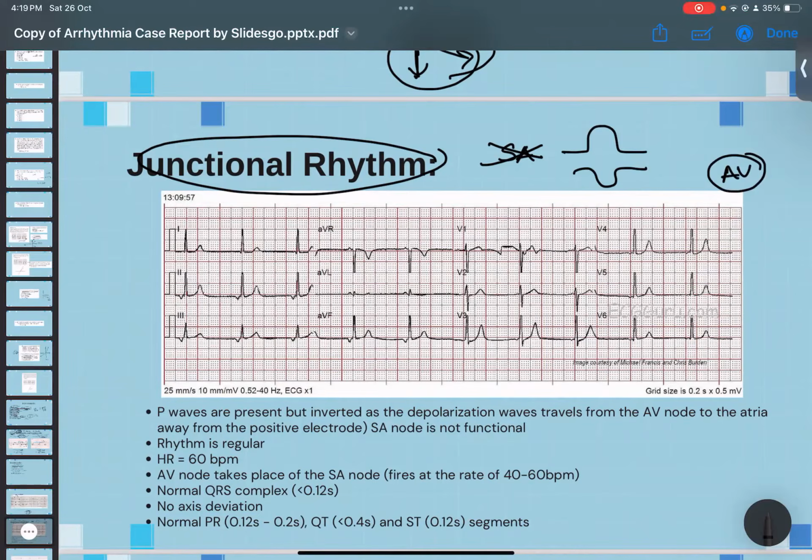When the AV node is generating the heart rate, it's going to send signals down to make the ventricles contract, and it's also going to send signals upwards to make the atria contract. And because the vector is going away from the positive electrodes, you're going to see a negative deflection, which is why most of your P waves here are inverted, okay?